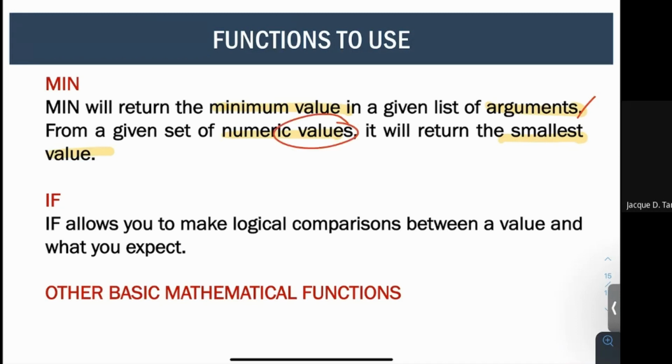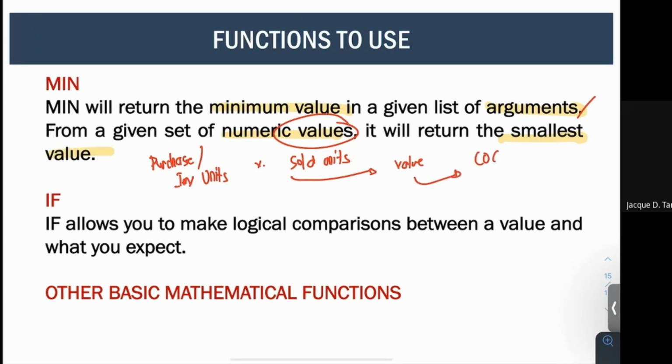So how do we use this MIN function in our automation? Based on our MIN function, we get the minimum between the total amount of purchase or inventory units versus the sold units. Whichever is lower, we get that value to compute for the cost of goods sold.